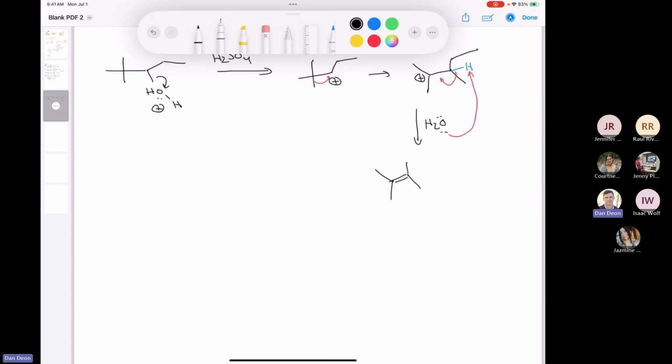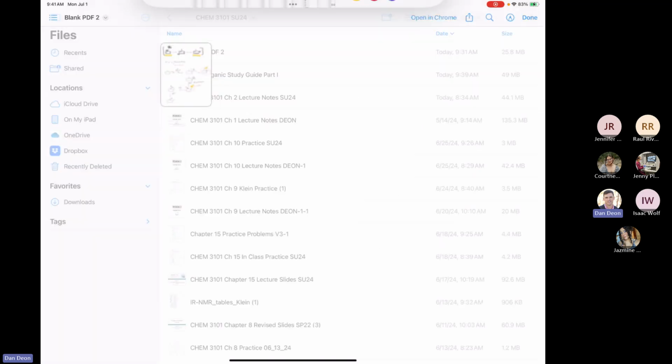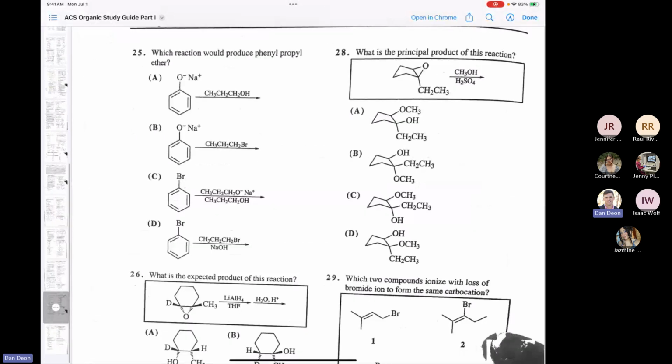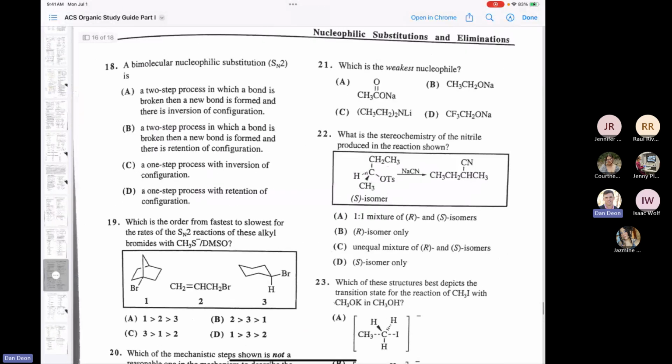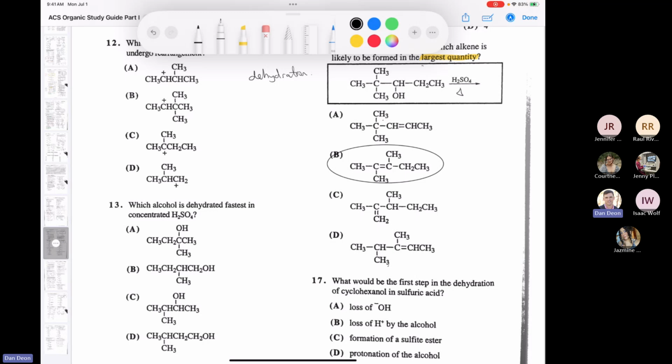That's going to be your final product, which is the most substituted alkene, the major product of the reaction. If we go back to the answers, you can see even if you don't draw the mechanism, this is the most substituted alkene that you would get.